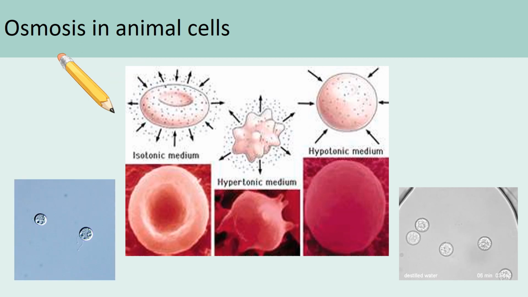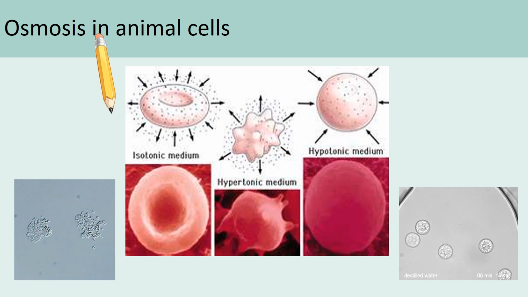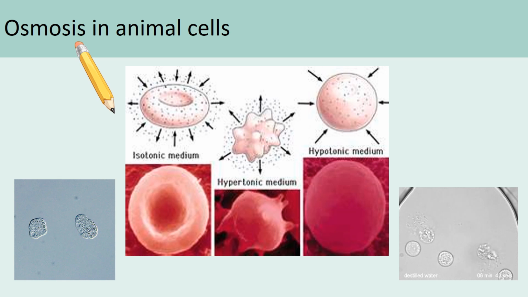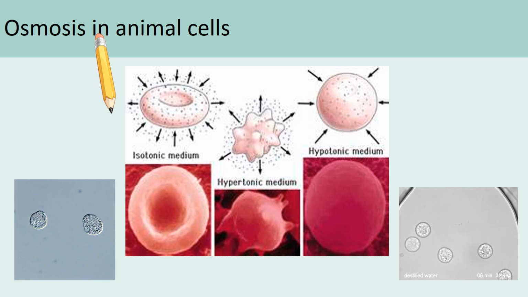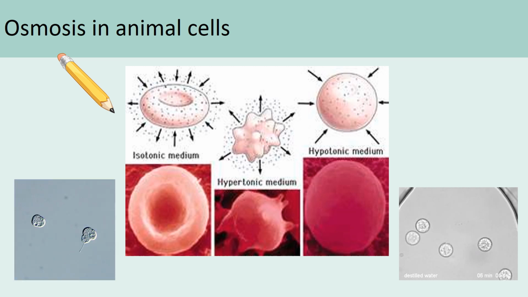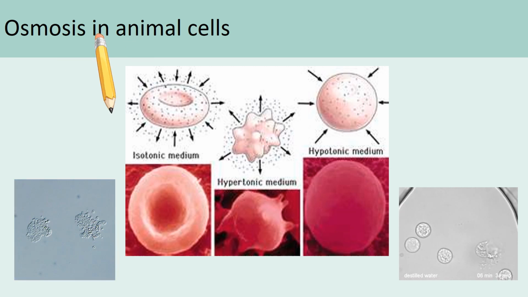Is the solute concentration higher inside the cell or outside the cell? We need to talk about the movement of water through the partially permeable membrane. We need to mention the words hypertonic or hypotonic or isotonic, depending on which one you think it is, and what effect that is having on those animal cells. So if you'd like to pause the video and have a go at putting that into your own words.